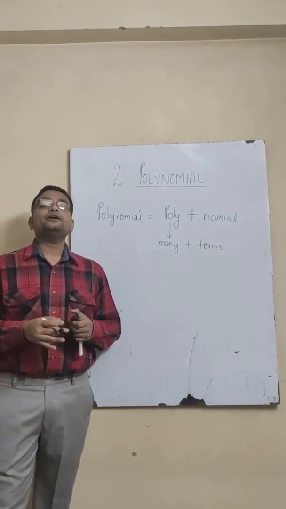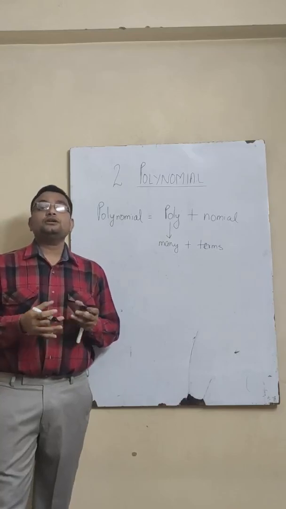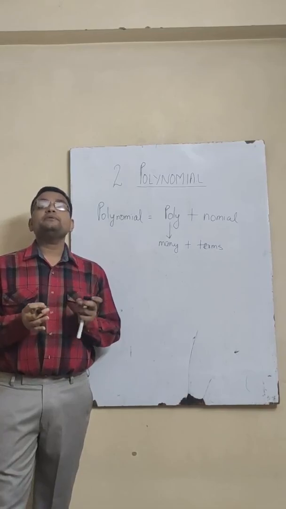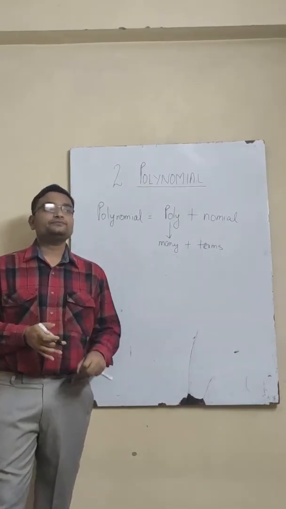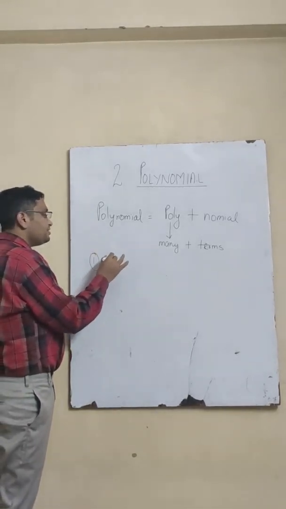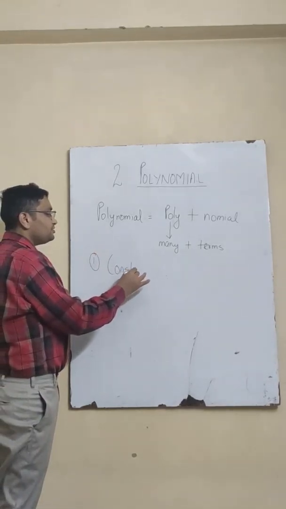Now, if I proceed to the basic definition or the actual definition of polynomial, you should know the basic concepts of the polynomial. So I will start from there. The first concept is, what do you mean by constant?